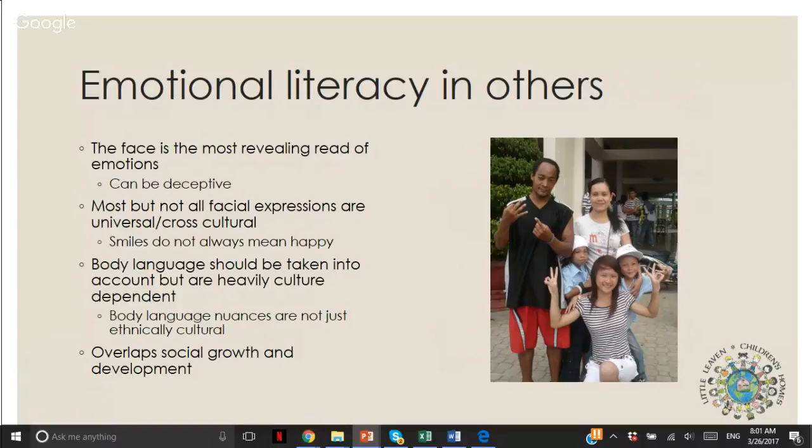In this case, this overlaps heavily with social growth and development, because a big part of social growth and development is teaching children to identify different gestures so that they can understand what someone is communicating, because a big part of communication is expressions, body movement and tone. You'll hear more of that when you watch the social growth and development portion of Little Leaven's whole person development.